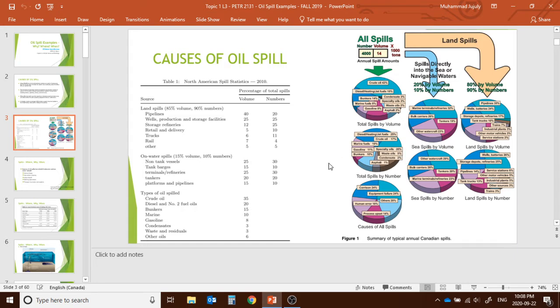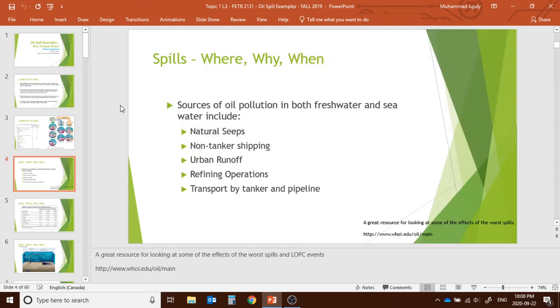Causes are mostly corrosion, 24%, equipment failure, 24%, human error, 18%, process disturbance, 14%, and other causes 20%. So these are the causes of the spillage. Please go through this chart carefully, and we'll learn a little bit more on that later.